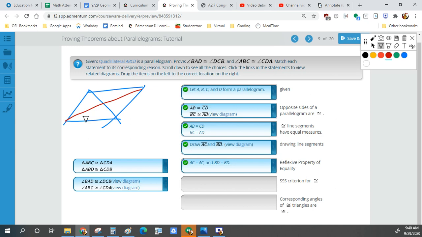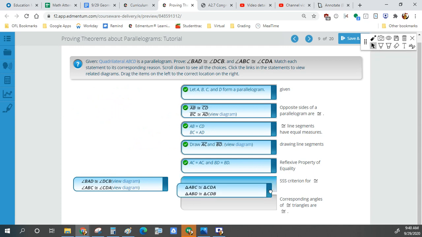It's a reflexive property because it would say that this triangle is equal to this triangle. And then if you do it the other way, this blue triangle is equal to the red triangle. So that means the red line is equal to the blue line. Just so you guys can visualize it better, it's saying this red triangle is equal to the blue triangle also. I know I'm covering it up, but let me see if I can draw it better. It's saying these triangles are equal, which means this line has to be equal to that line by definition.